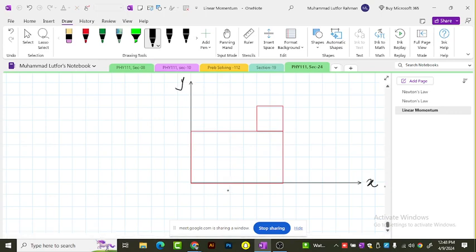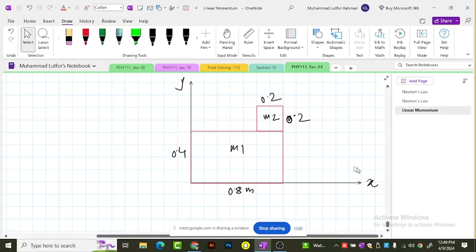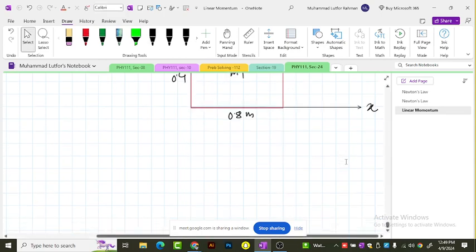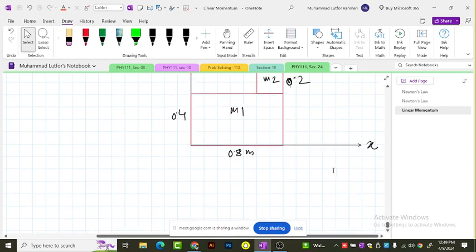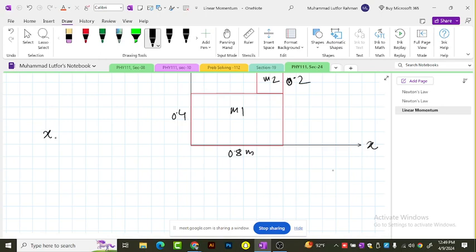They give us the dimensions. This is 0.8 meter for this bigger one. Let's say this is M1, and this is 0.4 meter. This smaller one, let's say this is M2, its dimension is 0.2 and also 0.2, and I am to find the center of mass of this object. I need to find that center of mass. It's a two-dimensional case. I need to find the xcom and the ycom. Then we will find the total coordinate of this system.